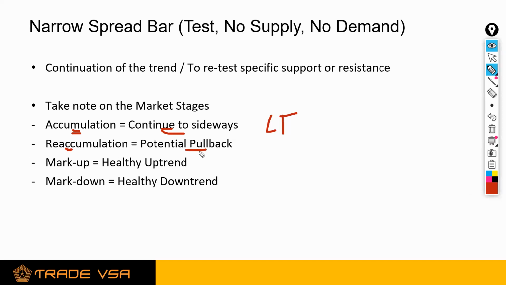Sometimes we want to see a potential pullback, for example the basic pullback patterns. Hopefully some members here have watched the recordings already. LC followed by 3-4 bars later, so there might be a potential pullback in the area. If the stock is in a long-term uptrend, of course now in KIC we don't have that.